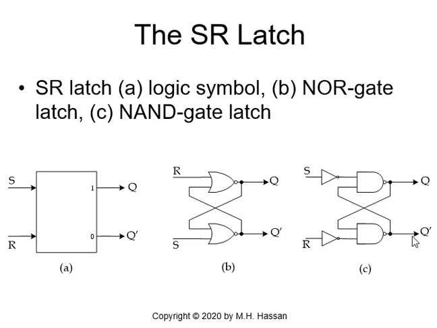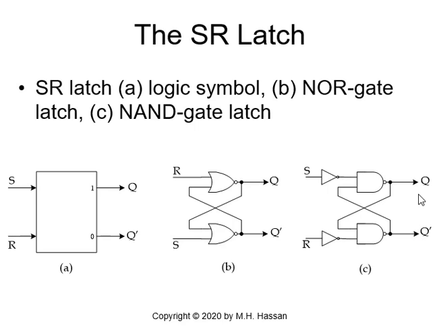So the upper NAND gate output will be 0, and 0 NAND 1, with R prime equal to 1 as the input to the lower NAND gate, will give 1. So Q plus is 0 and Q plus prime is 1.